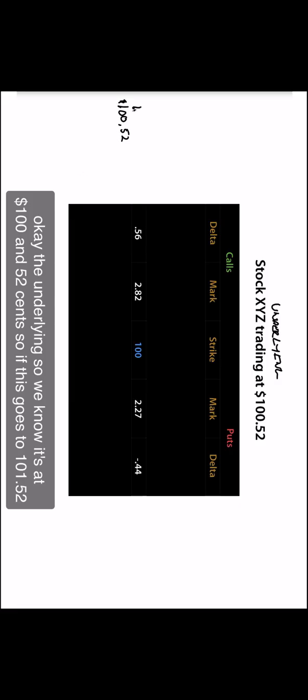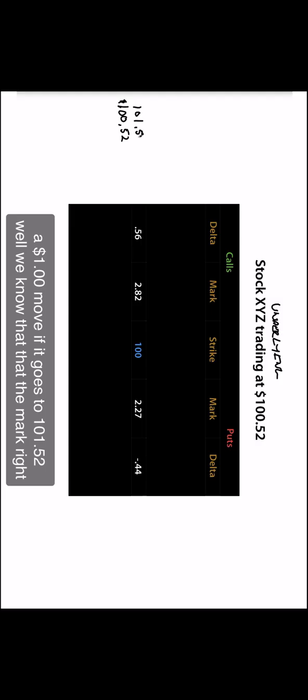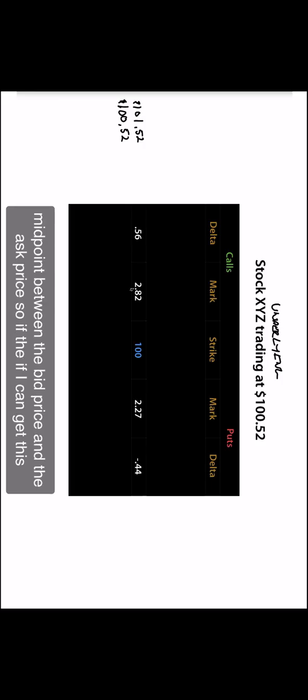So if this goes to $101.52, a $1 move, well, we know that the mark right here is probably the price we can get for this option, right? If you don't know what the mark is, again, you have to go review. But that's going to be the midpoint between the bid price and the ask price.